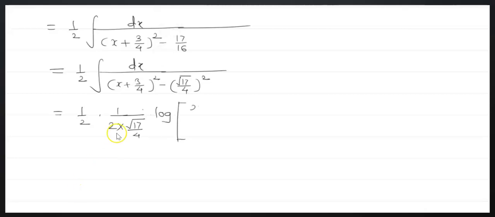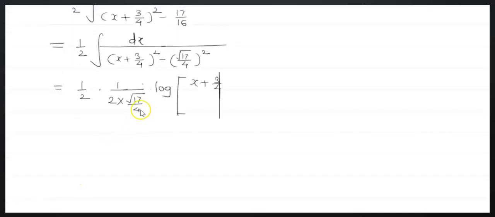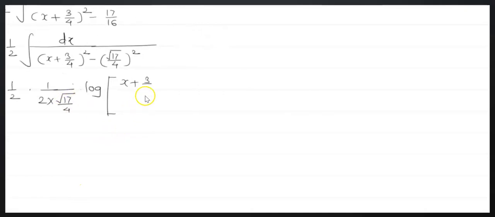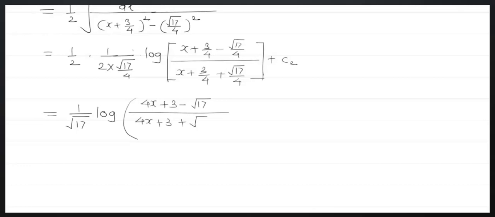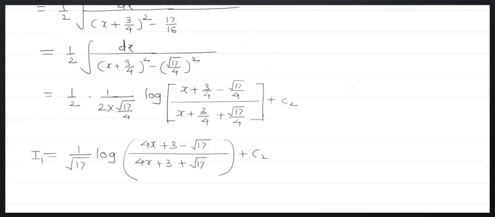That is 1 upon 2a, that is a is root of 17 upon 4 log of. This is the answer. That is 1 upon root of 17 log of 4x plus 3 minus root of 17, 4x plus 3 plus root of 17 plus c2.